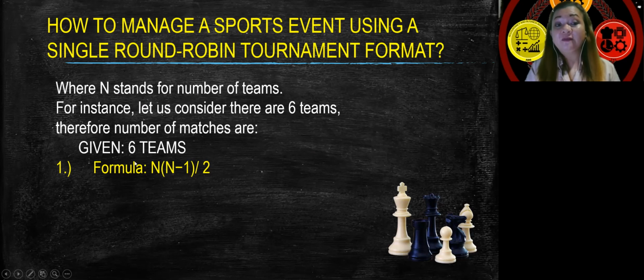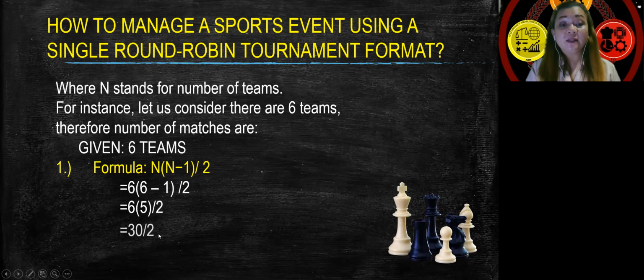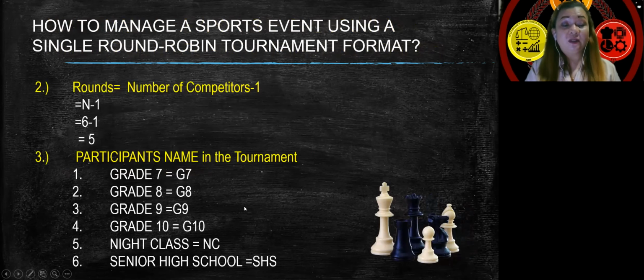Assuming that we have 6 teams, we have 6 multiplied by 6 minus 1, divided by 2. That equals 6 multiplied by 5 divided by 2, which equals 30 divided by 2. And there you go, you have the matches, which is 15. So there are 15 matches in 6 teams as an example.